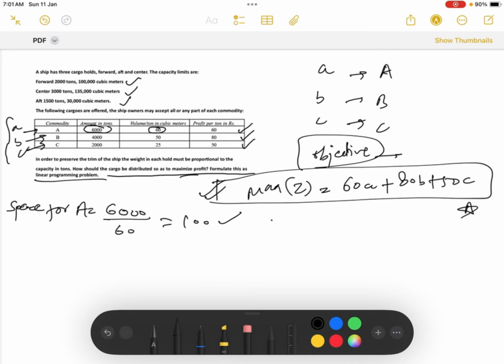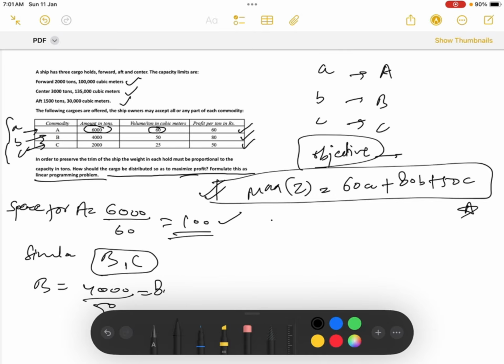So for A we got that space is 100. Now similarly you can write for B and C. For B, 4000 upon 50, that comes to be 80, and for C, 2000 upon 25, which again comes to be 80.